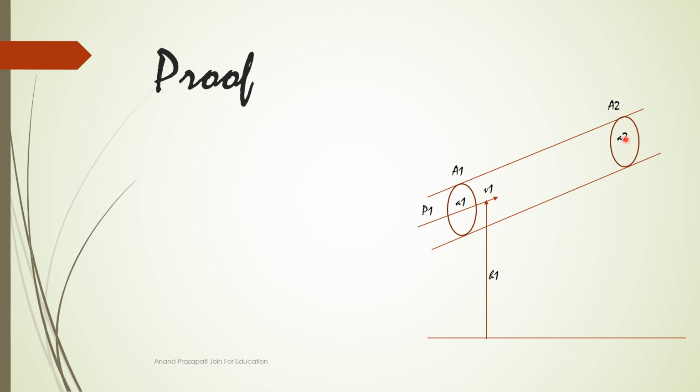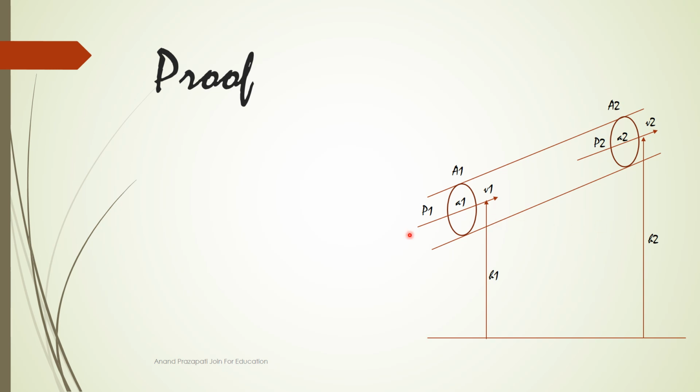A2 is the cross section area at the point A2, P2 is the pressure of the liquid at A2, V2 is the velocity of the liquid at A2, and h2 is the height from the surface of the earth.